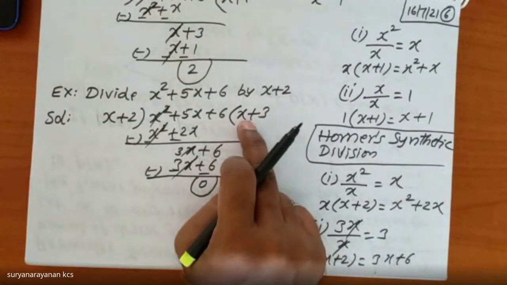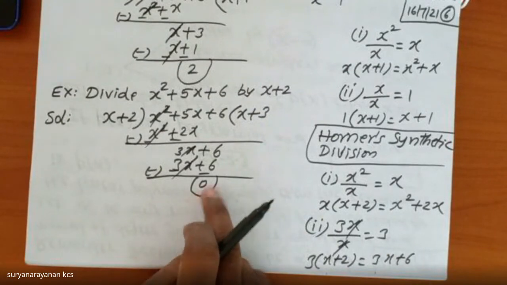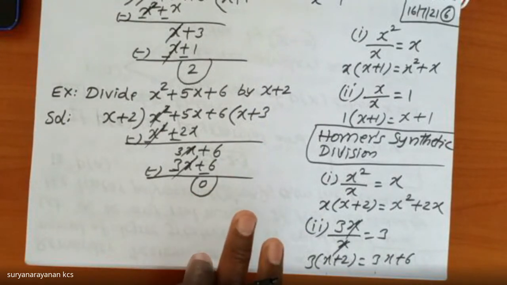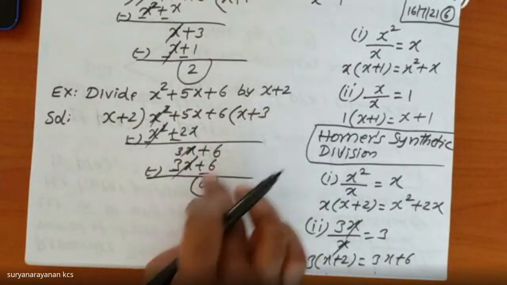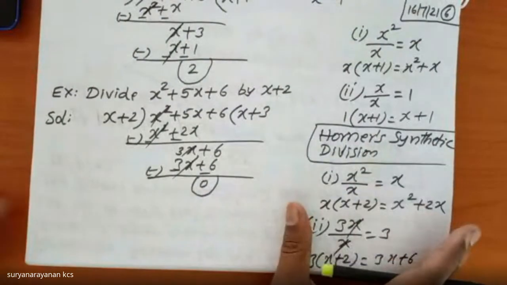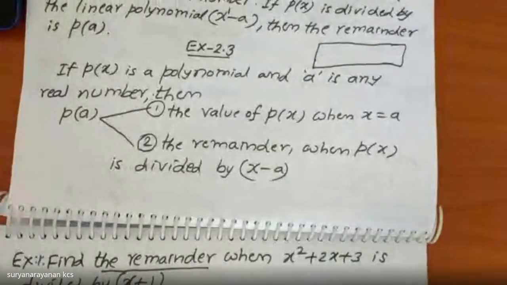In long division these are the plus points, whereas using the remainder theorem you can find only the remainder, you cannot find the quotient.